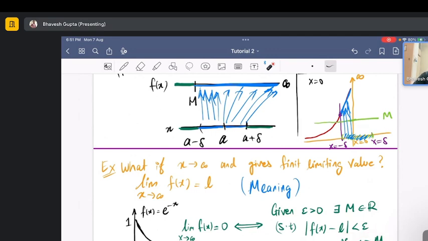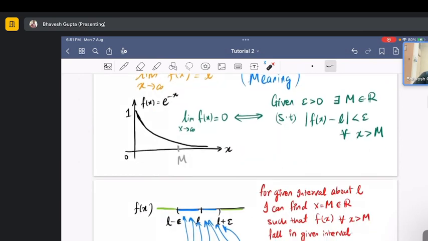So what do you see? The distance between the function and the limiting value is smaller than the interval which you give, right? What I have written here is that particular statement I have said, in a graphical manner. Here you can see there is the x-axis and y-axis.